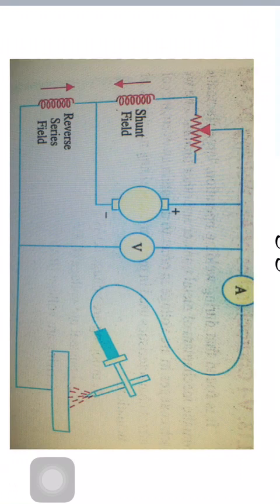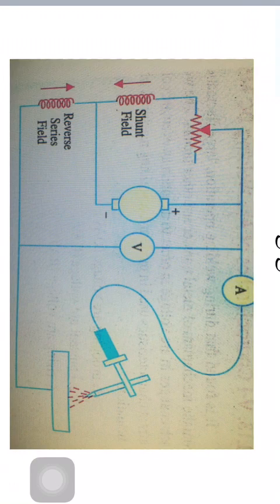In the diagram you can observe a reverse series winding DC generator, and it is driven by either a DC or an AC motor.